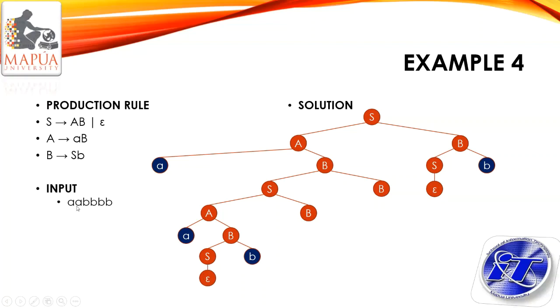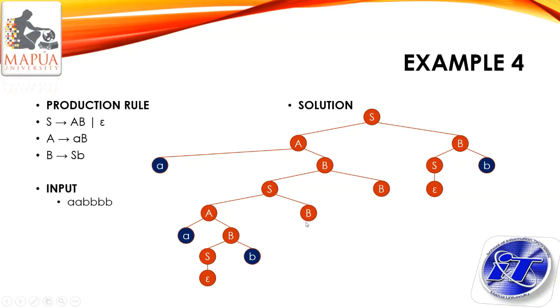Because based on the input, after the second A, it should be B. So we don't need to have an additional terminal symbol between the second A and the B. So that's why this should be null. So now we obtained the first three symbols, A, A, B.